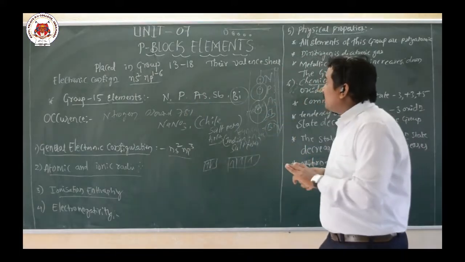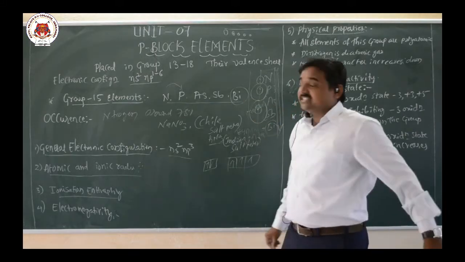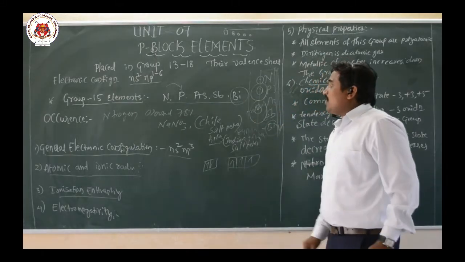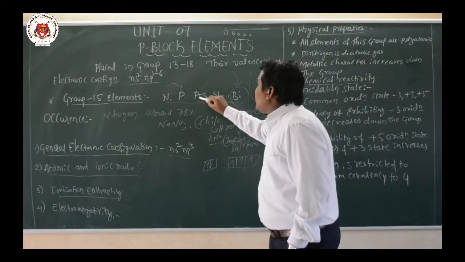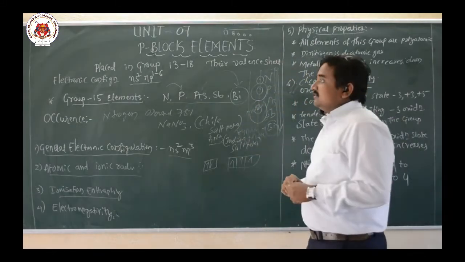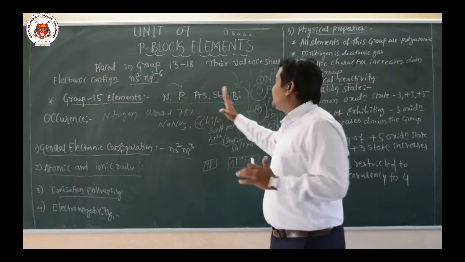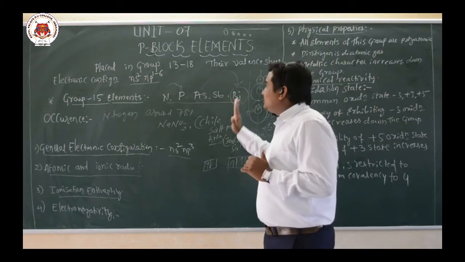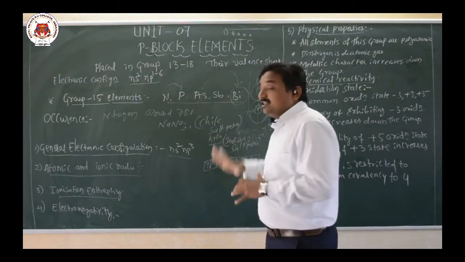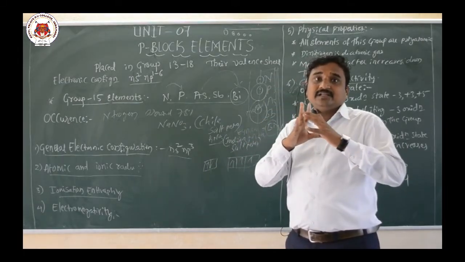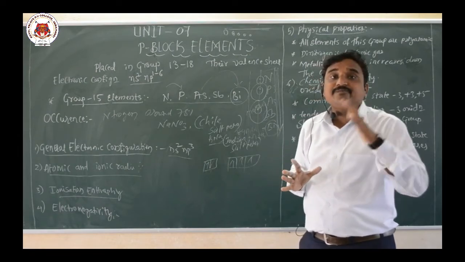That is the general concept. But from nitrogen to phosphorus, there is a considerable increase in size. After this, there is only a small increase in size from arsenic to bismuth. This is because of the completely filled d and f orbitals.